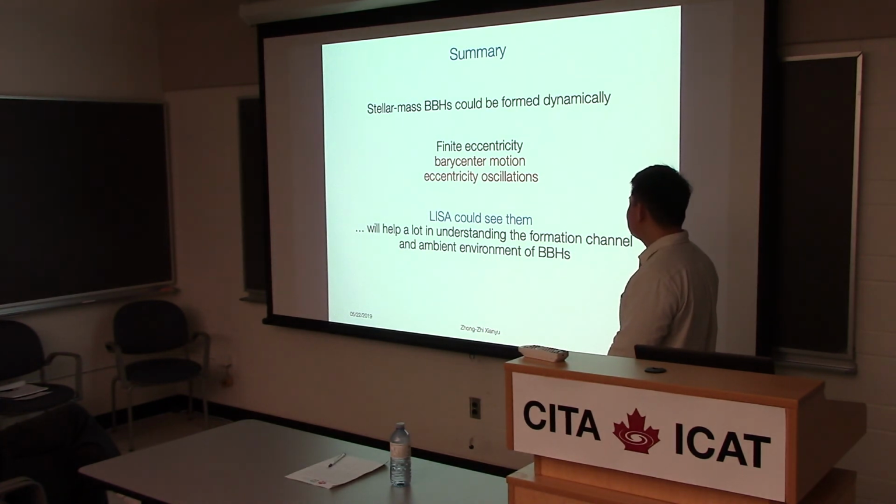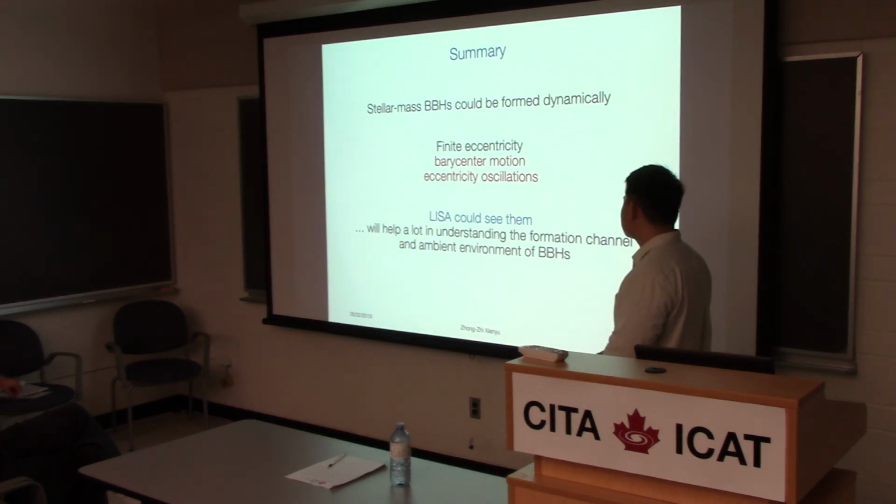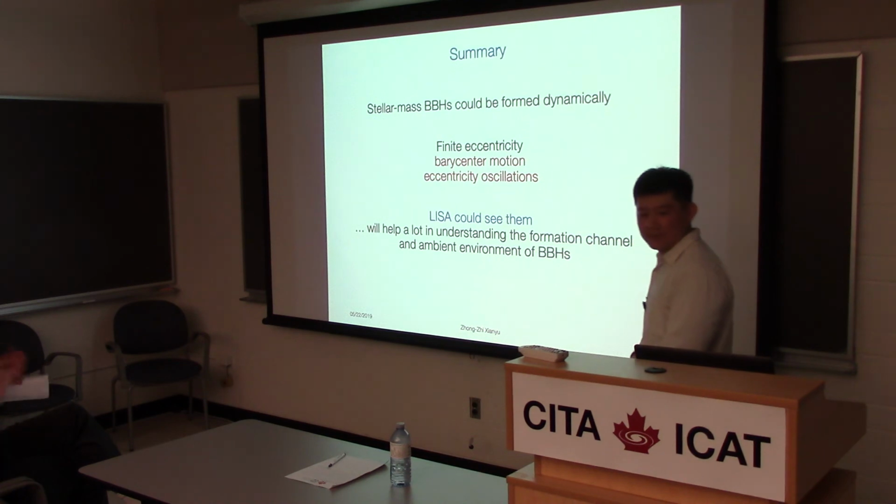In addition to that, you can also look for more interesting signals like barycenter motion, induced Doppler shift, and also eccentricity. And all these things will be very important to understand not only the formation channel, but also the ambient environment of black hole binaries. Okay, thank you.